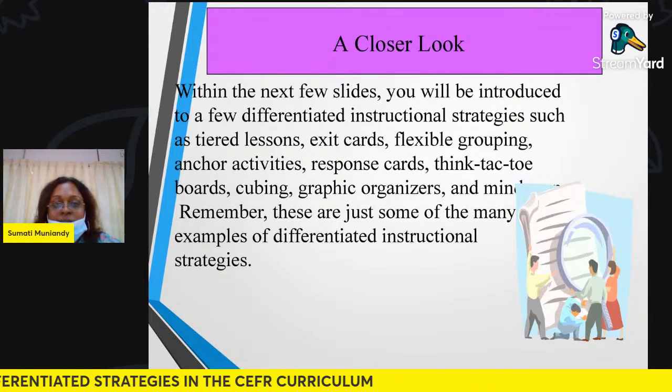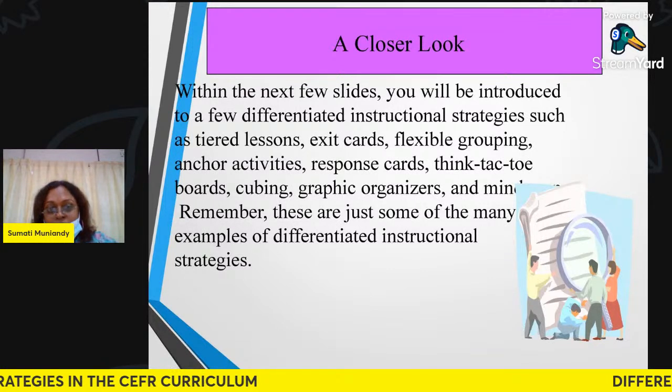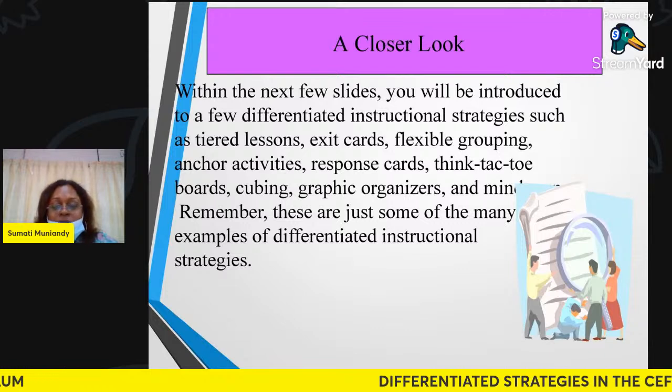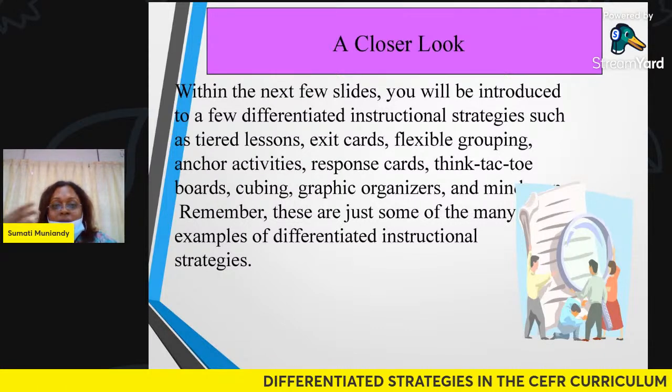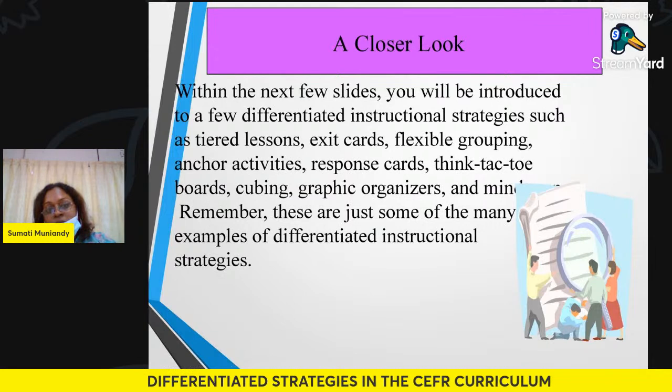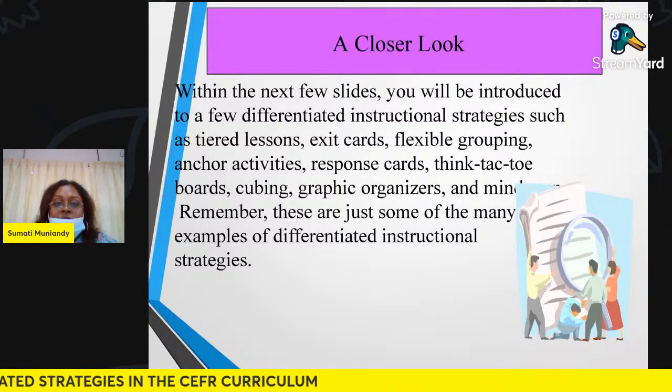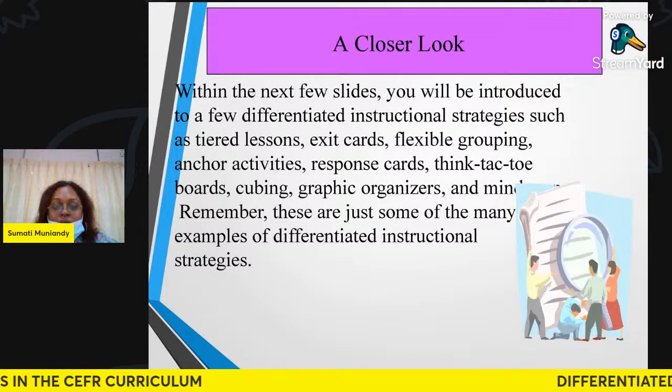These are some of the things that I find very useful. You can try them, but there are many. If you look at the formative assessment tools, there are many ways you can use in your classroom as instructional strategies to help your students.